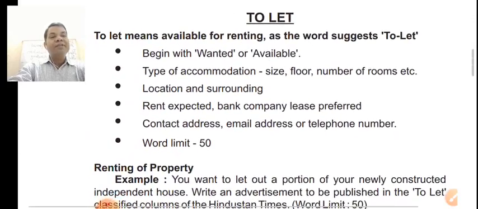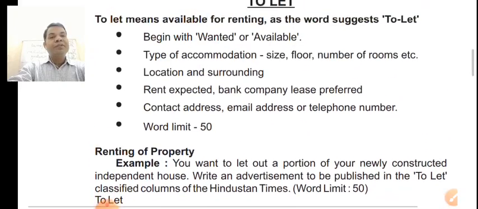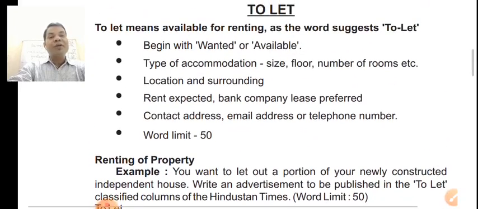Then we discussed advertisements which come under the heading to let. We discussed important points which we must keep in mind while writing such types of advertisement.